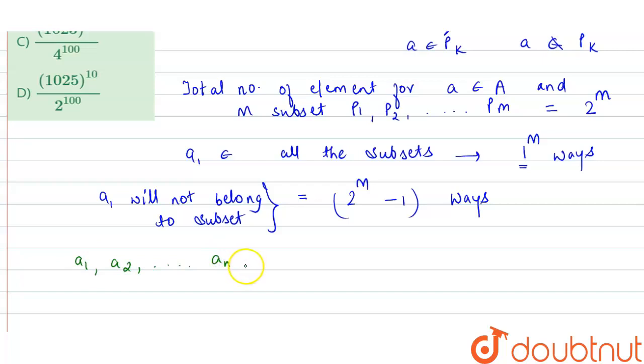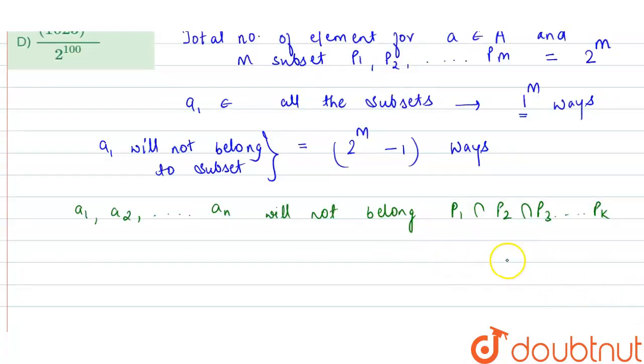If this does not belong to P1, subset of P2, then subset of P3, and up to Pk, then how many terms will there be? So this will be 2 to the power M minus 1, to the power number of elements n.